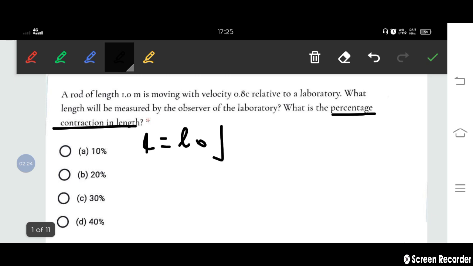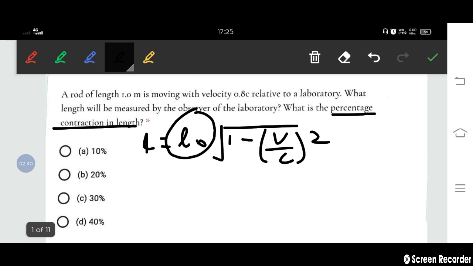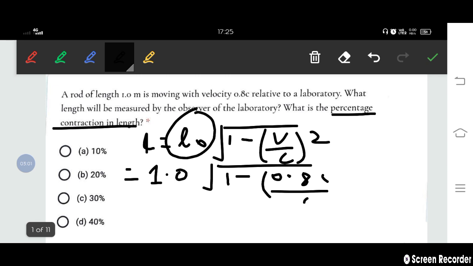L = L0 under root of 1 minus (V by C) square. So here in the question, value of L0 is given and value of V is given, right? So we will put that value in this formula. So it will imply L = 1.0 under root of 1 minus (0.8 C upon C) square.